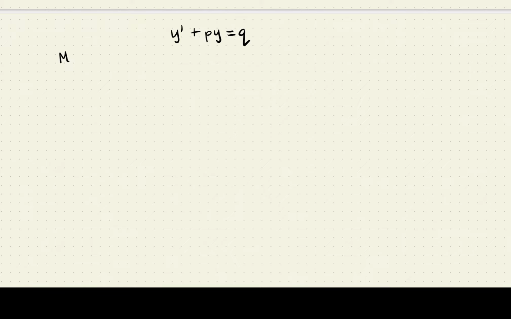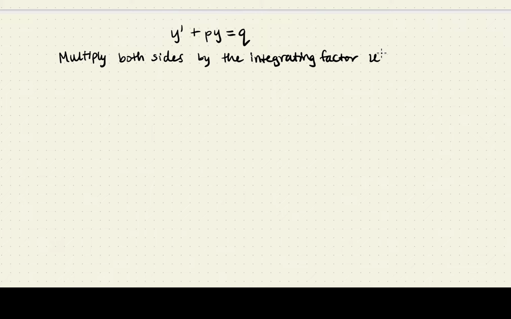So we need to multiply both sides of the ODE by the integrating factor, u of x equals e to the integral of p dx. Okay, let's see what happens when we do that.